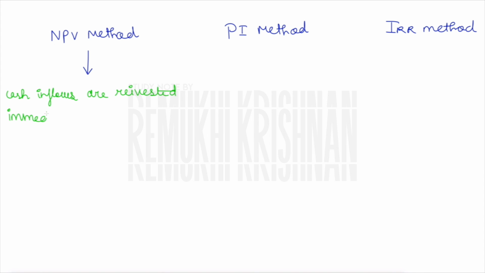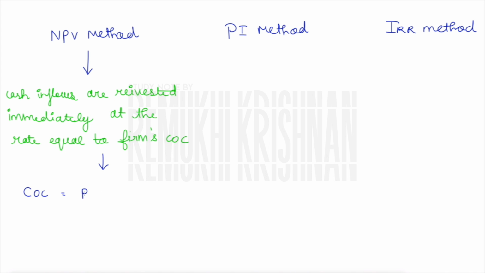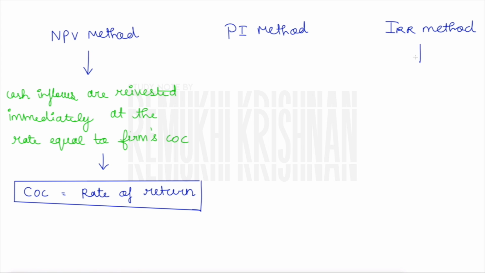I reinvest the amount at the company's cost of capital, and this cost of capital is your rate of return. When it comes to internal rate of return, the cash inflows are reinvested immediately at a rate equal to the IRR. Here the IRR is your rate of return.